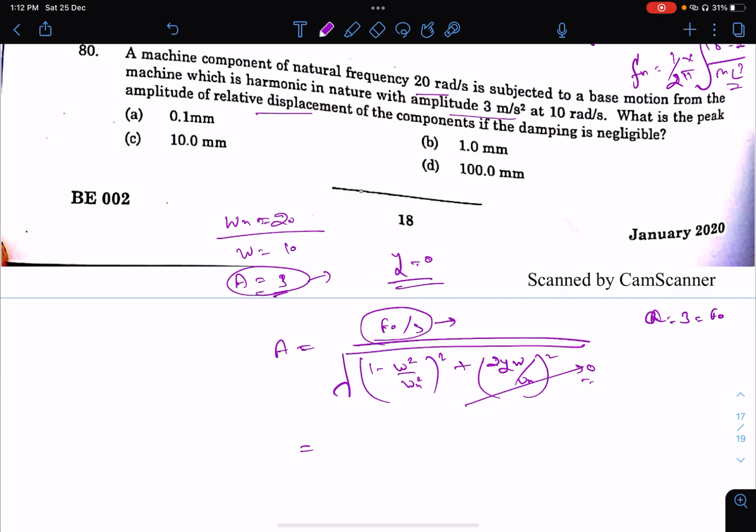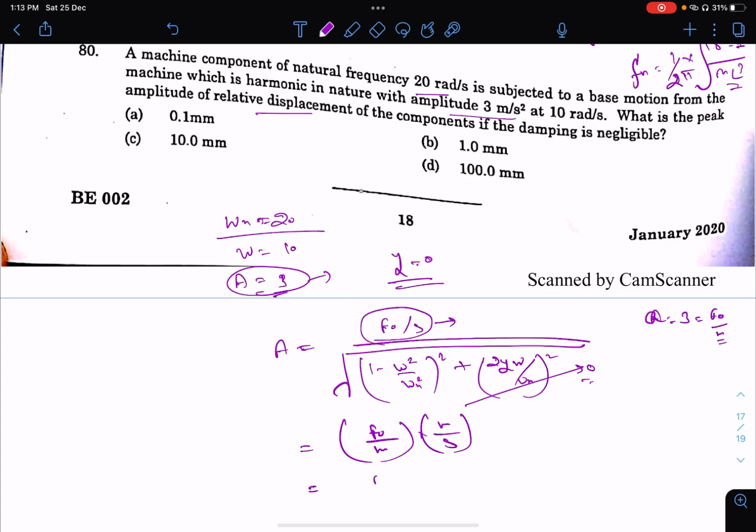This is equal to F naught divided by m. So F naught I can write as F naught divided by s into m divided by s.